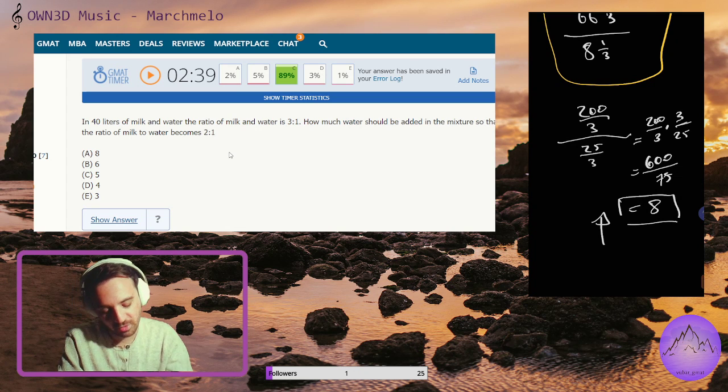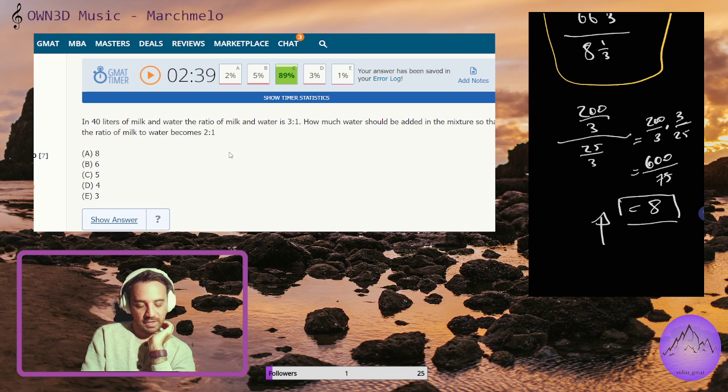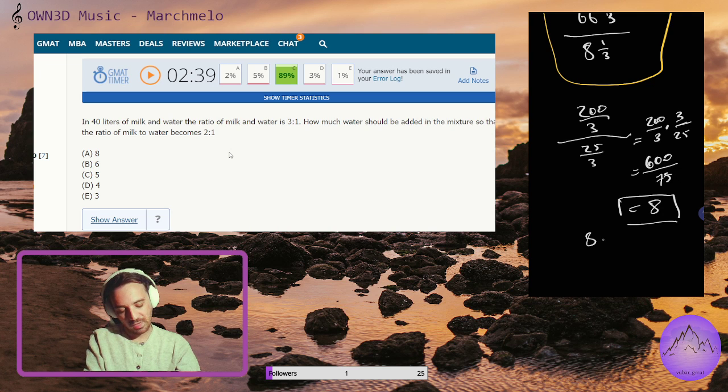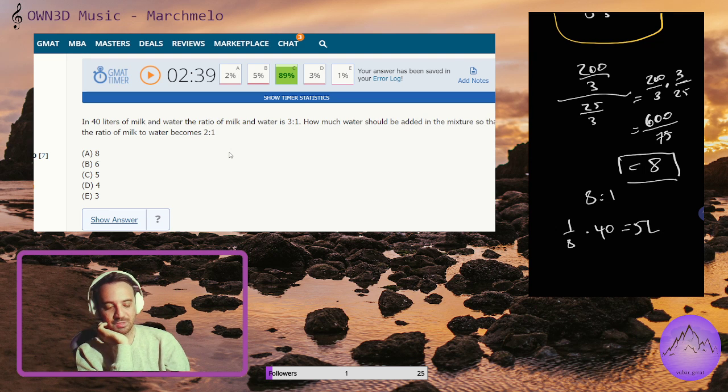So I would have had to do a little bit of maths with some fractions to get to the same answer, because it still would have been 8 to 1 of the original to the new one. So we're adding essentially 1/8 of the original amount, 1 over 8 multiplied by 40 liters, equals 5 liters. And then that would have told me how many liters of water to add.